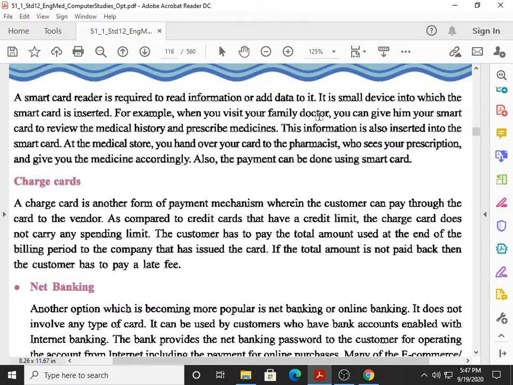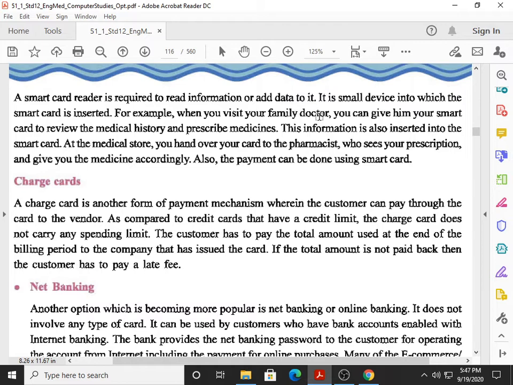At the medical store, you hand over your smart card to the pharmacist, the medical store person, who sees the prescription of your doctor and gives you medicine accordingly.